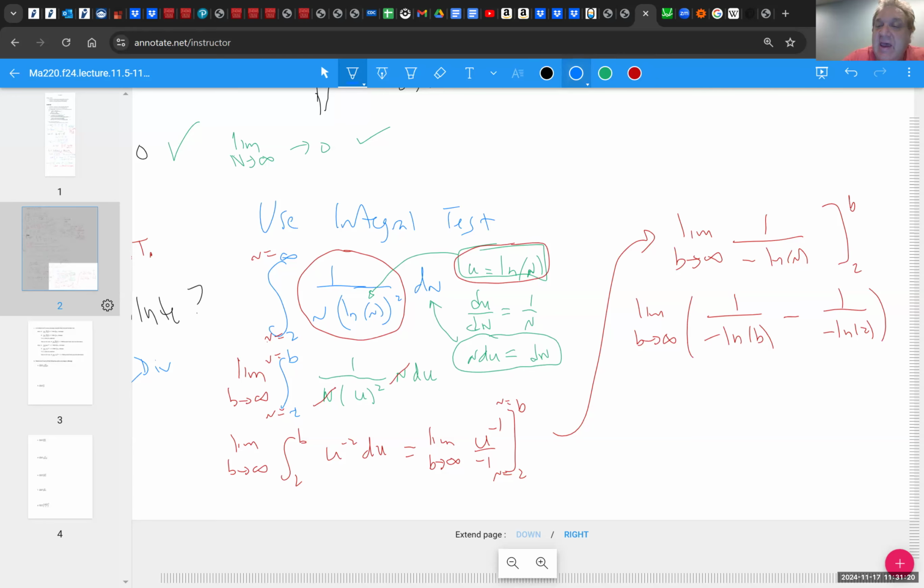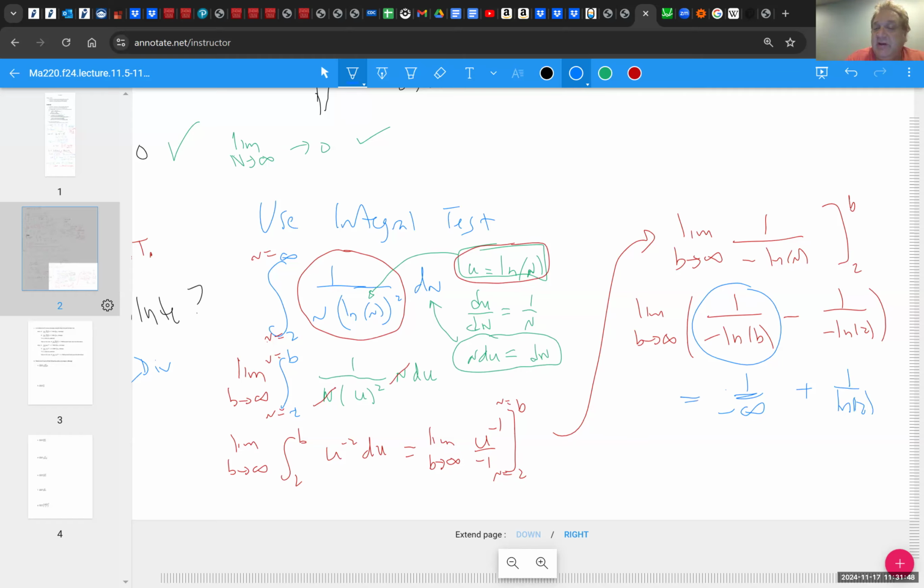So what happens as b goes to infinity? Well, again, ln b is a function that goes up without bound, goes off to infinity. So this becomes 1 over negative infinity, officially. And then this is minus a minus, which is plus 1 over ln of 2. Well, 1 over any version of infinity is 0.